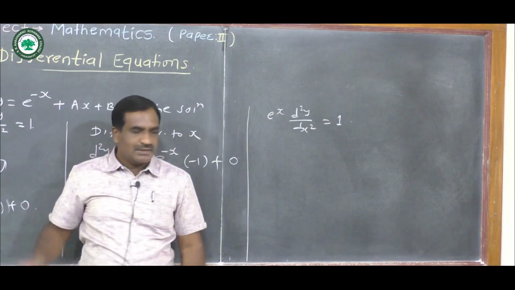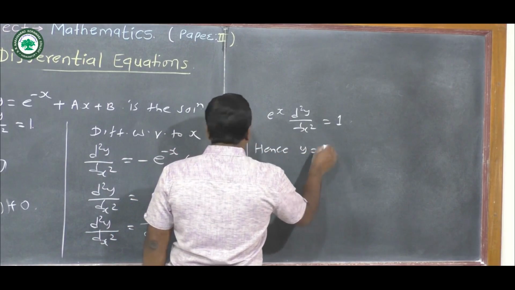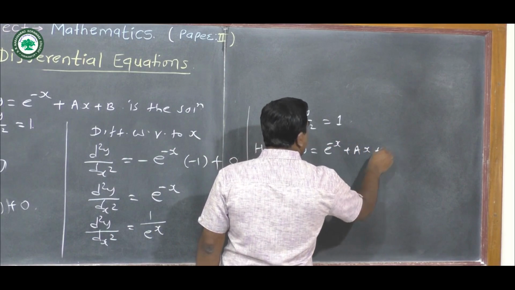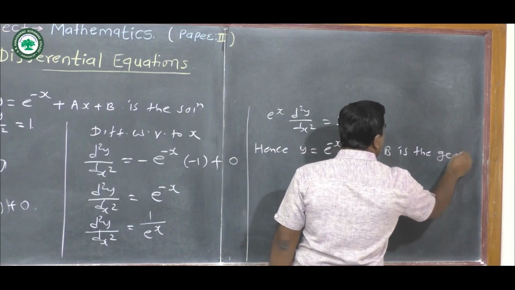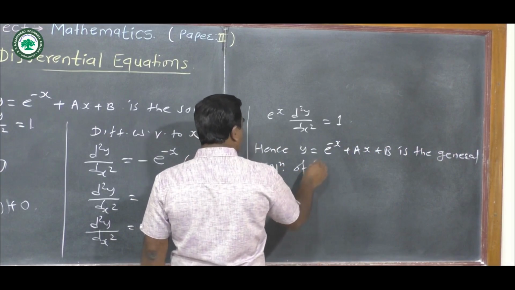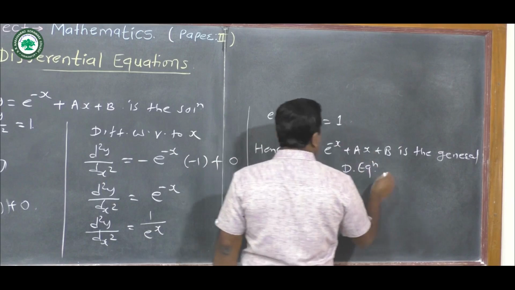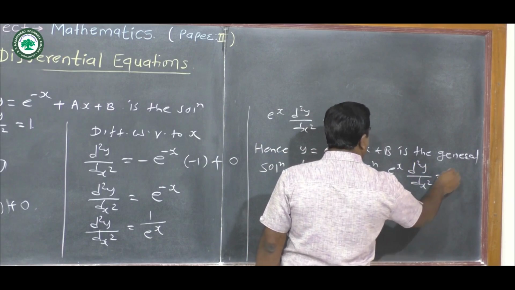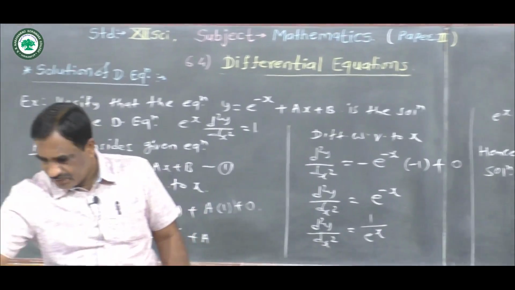Hence y equal to e raised to minus x plus a into x plus b is the general solution of the differential equation e raised to x into d square y by dx square is equal to 1. Okay, this is the answer for this example.